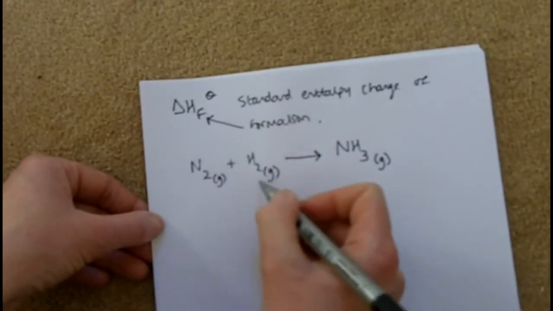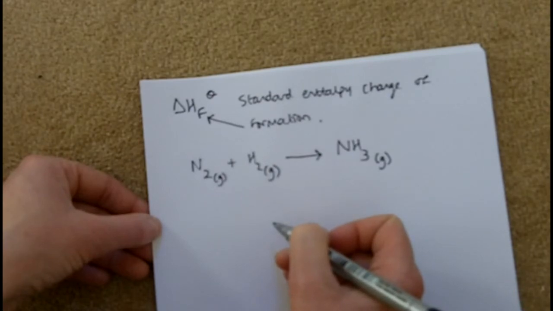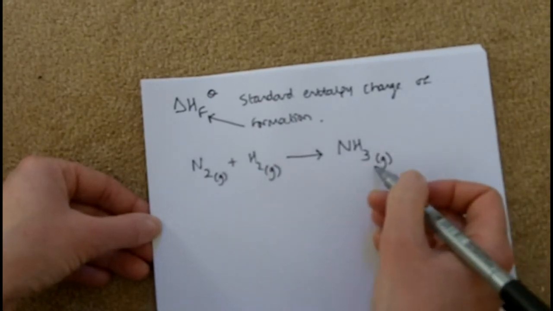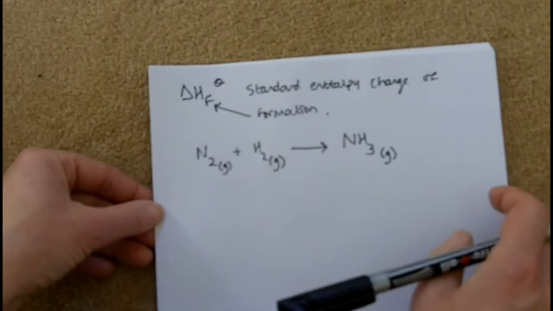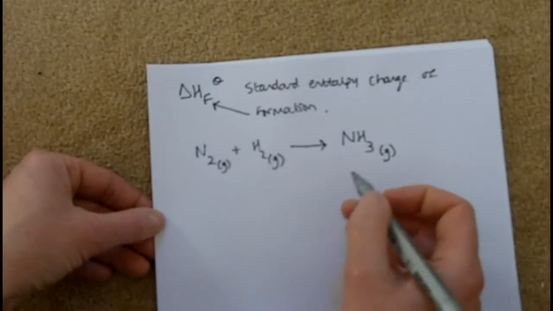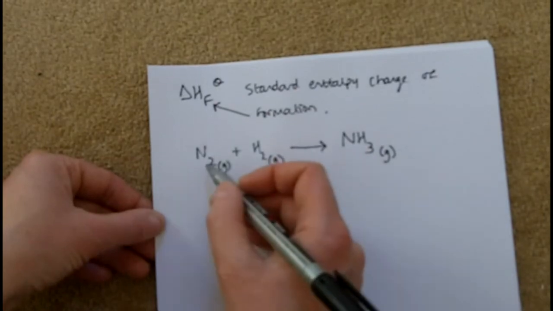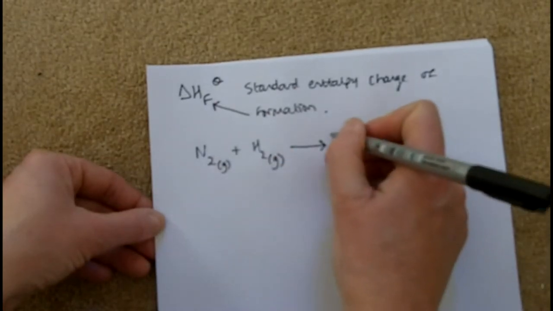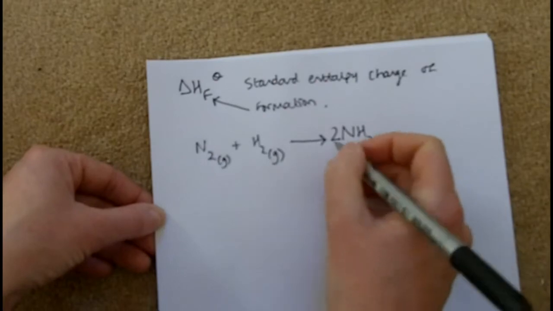So from nitrogen and hydrogen in their standard states. We just need to balance the equation. So we've got 2 nitrogens. You need to put 2. Oh no, you cannot do that.